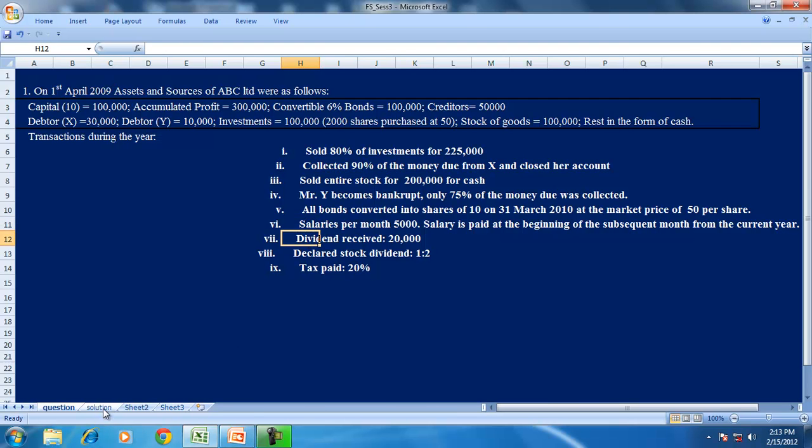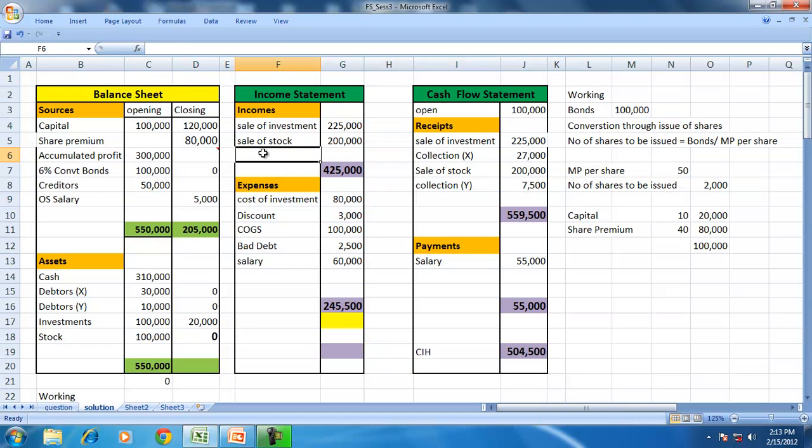Dividend received is an inflow of cash and also income. So dividend received is an income, and dividend received is cash inflow of 20,000.